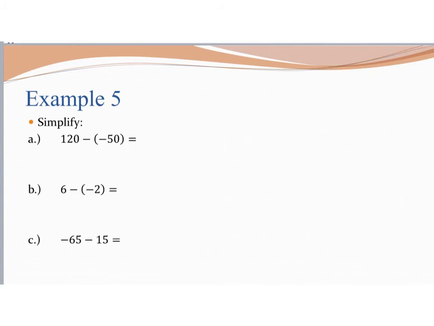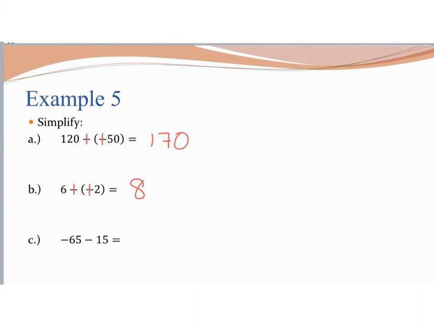For example 5, it says to simplify. And for part A, if I change my sign, so I have minus a negative becomes a positive, I have 120 plus 50. This will give me 170. For part B, 6 minus a negative 2, minus a negative becomes 6 plus 2, which is 8.